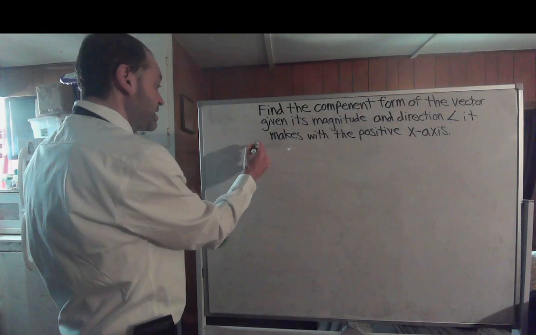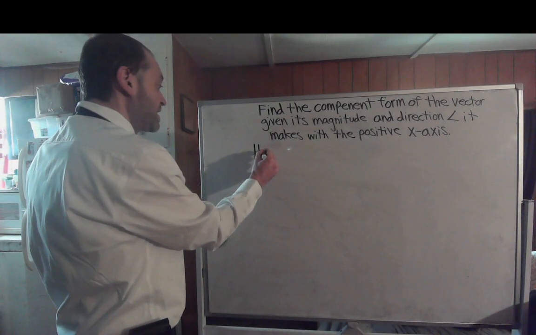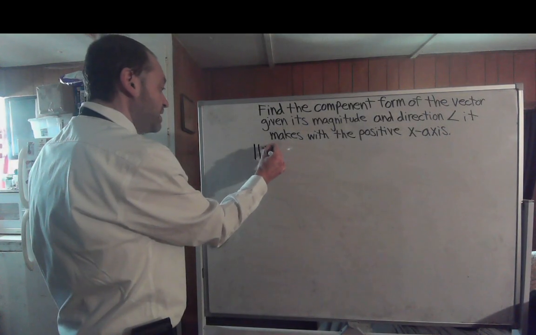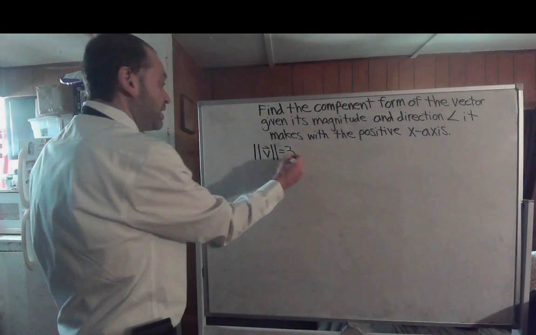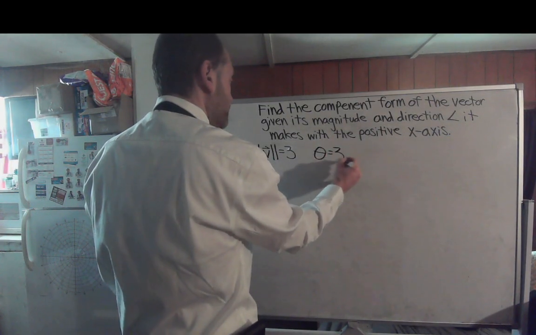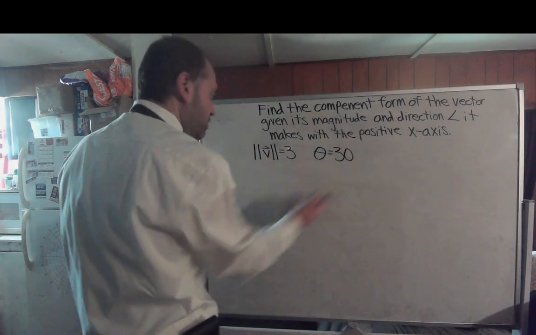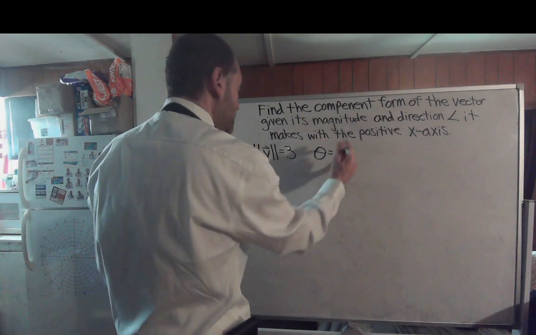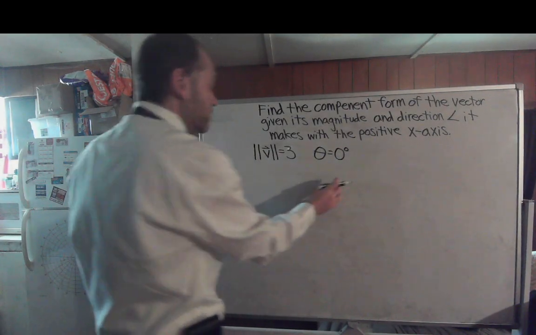So you're given, in this case, a magnitude of vector v of 3. The direction angle is going to be 30 degrees. Not 30, 0. I don't know where I'm getting 30 from. Theta is 0 degrees, okay?